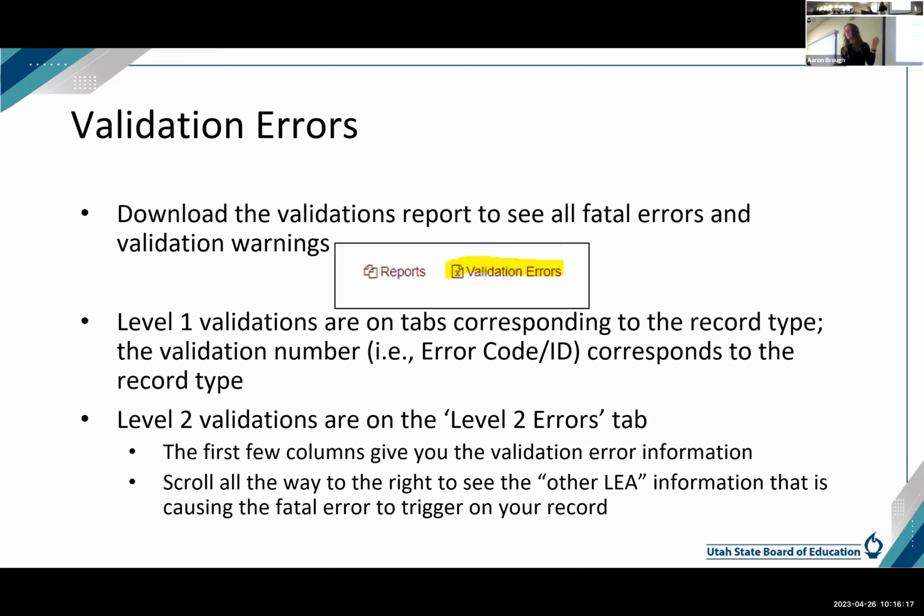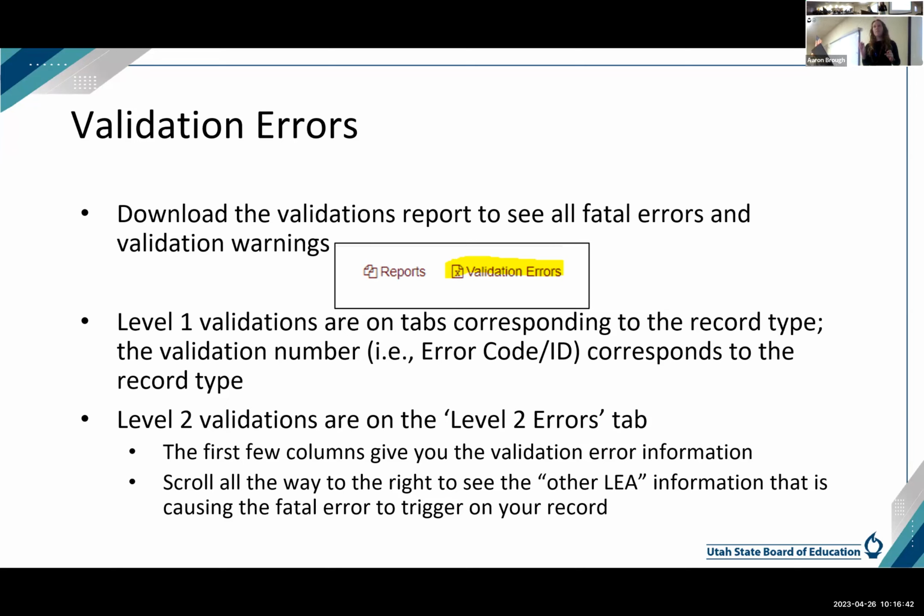Level 1 validations are on the tabs at the bottom of the spreadsheet, and they correspond to the record type, and the validation number or the error code/ID corresponds to the record type. So for instance, like district or school or student. And then level 2 validations are on the level 2 errors tab that is at the end of the spreadsheet.